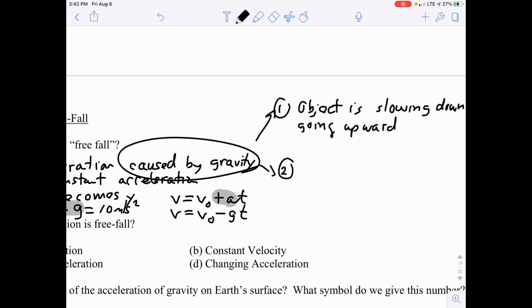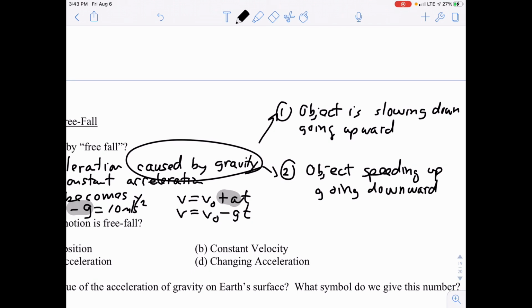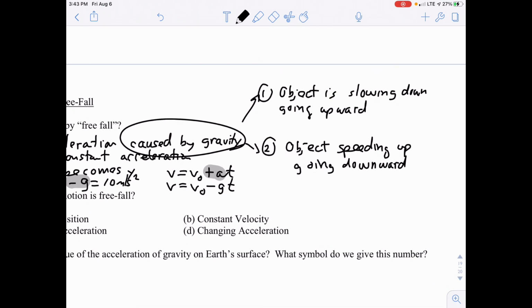And then opposite to that, of course, would be an object speeding up going downward. Gravity accelerates and speeds things going down. So in both cases, that's what you're going to see.